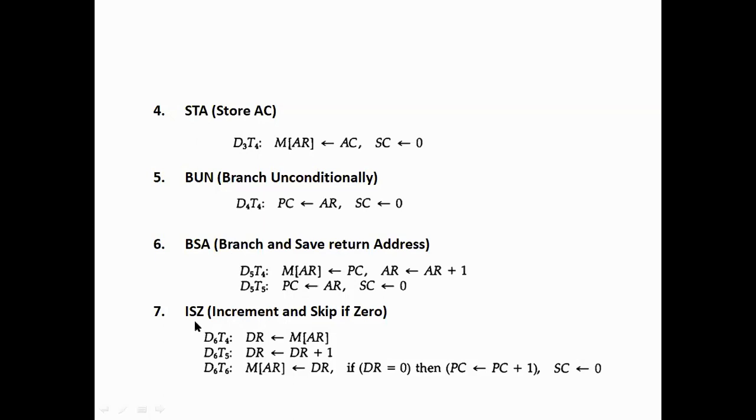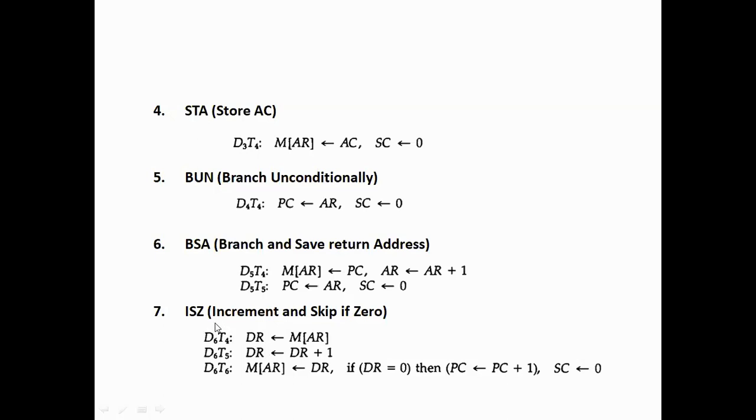And the 7th memory reference instruction is ISZ, which means increment and skip if 0. This is executed in 3 clock cycles. So it says that we have to increment the contents of DR. The data obviously will be in DR, data register.